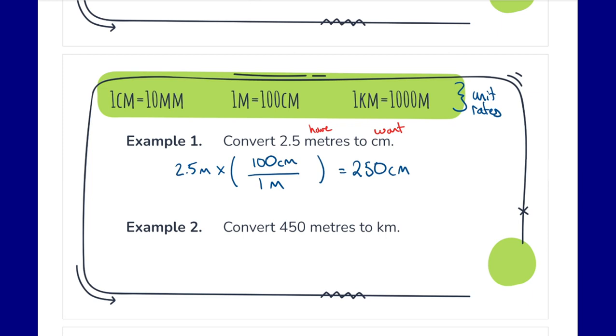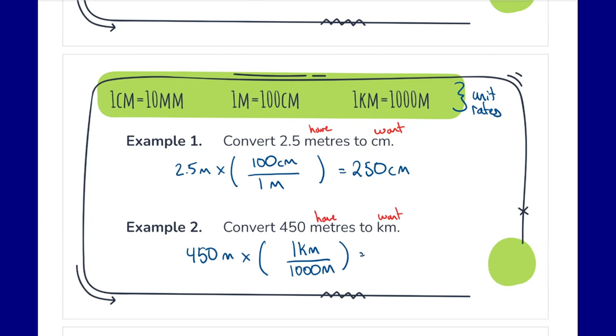In the next example, we want to convert 450 meters to kilometers. We have meters again, and we want kilometers. We start with the units we have, so 450 meters. We multiply that by a unit rate, which is given up here at the top. It is the one that has kilometers and meters. We put the units we want on top, so 1 kilometer, which comes right from the unit rate, divided by 1,000 meters, which also comes right from the unit rate.